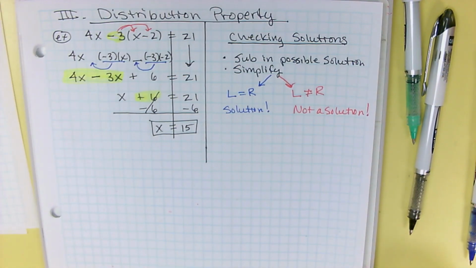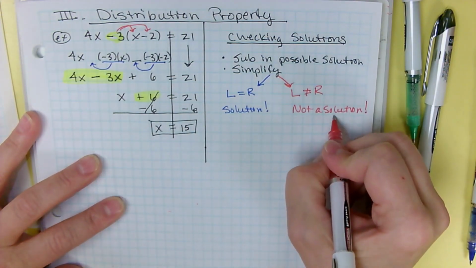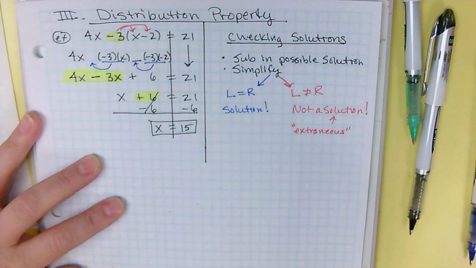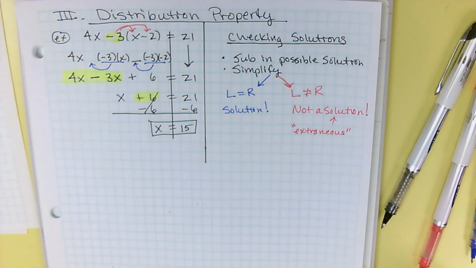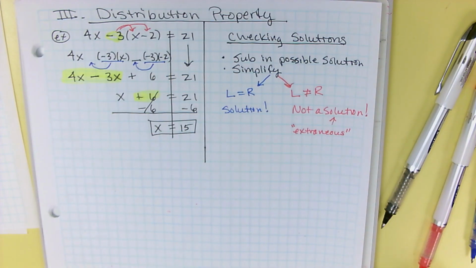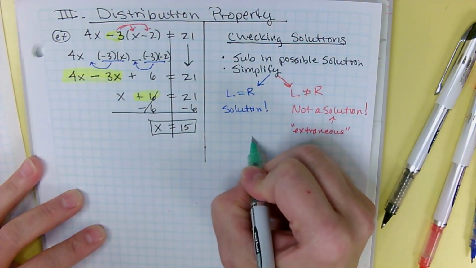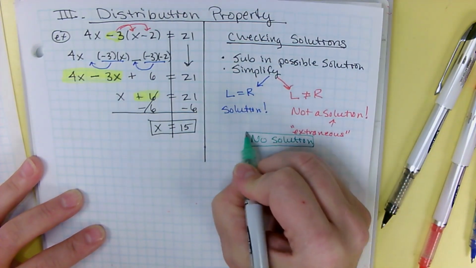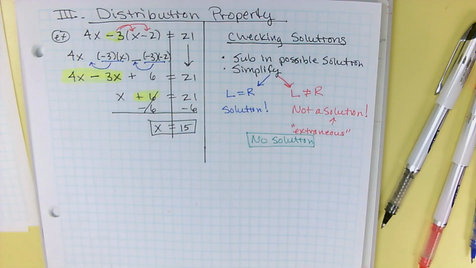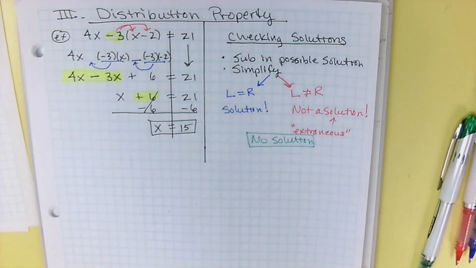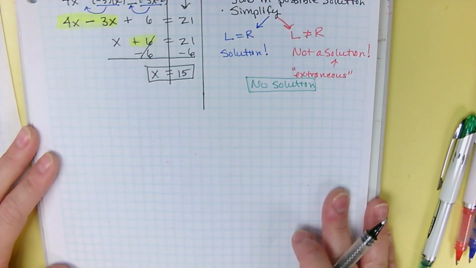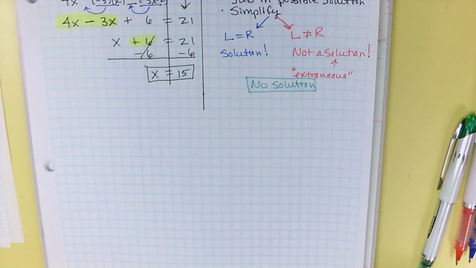The solution that doesn't work is called an extraneous solution. If that was the only solution you had and it didn't work and there are no other solutions, then you have what's called a no solution equation. That's if you don't have any others. Much of what we will be learning will be multiple solutions. Nope, just no solution.